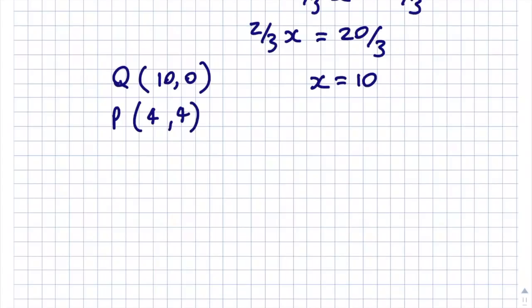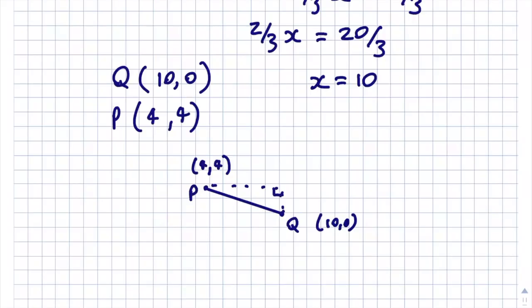Now, because we've got our coordinates for point Q and for point P, we can now work out the length of the line PQ. If I draw this visually, we could have, say, P here, and then Q might be down here. So that's 4, 4, that's 10, 0. You should be able to see that we can use Pythagoras' theorem to work out the radius.